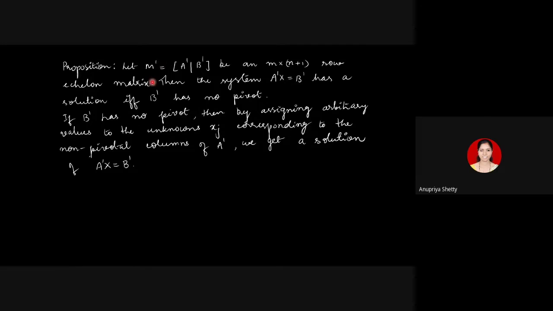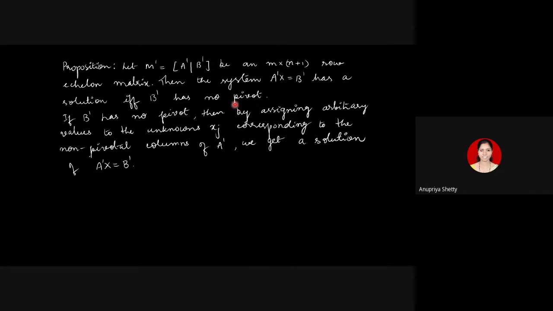So when M dash is this augmented matrix of order m by n plus 1, this is a row echelon matrix now, because it is obtained after applying elementary row operations. The system A dash x equal to B dash has a solution if and only if B dash has no pivot.